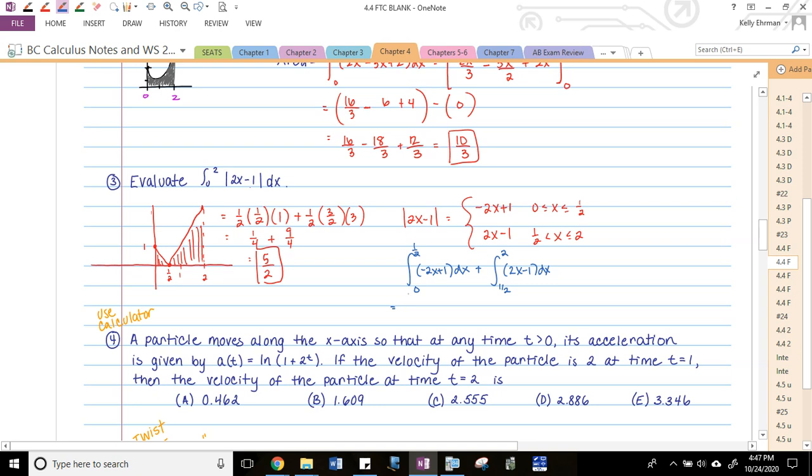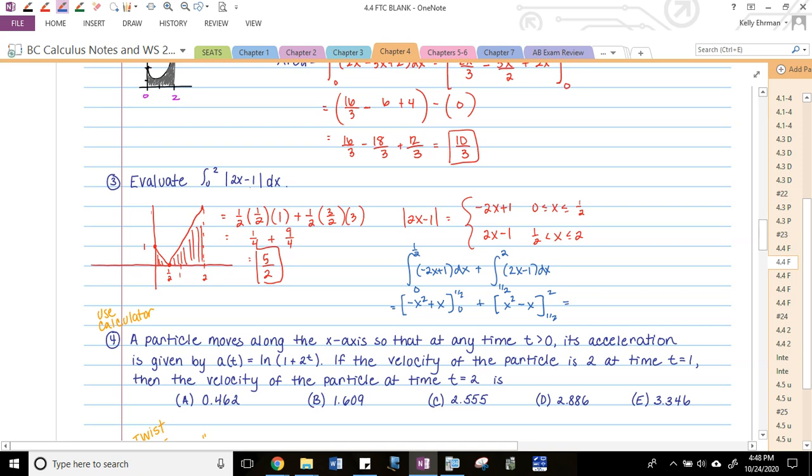So this one will become, since this is x squared over 2, negative x squared plus x, evaluated from 0 to 1/2. And then you're adding to that positive x squared, 2x squared over 2, minus x from 1/2 to 2. Oh, this is so much more complicated.